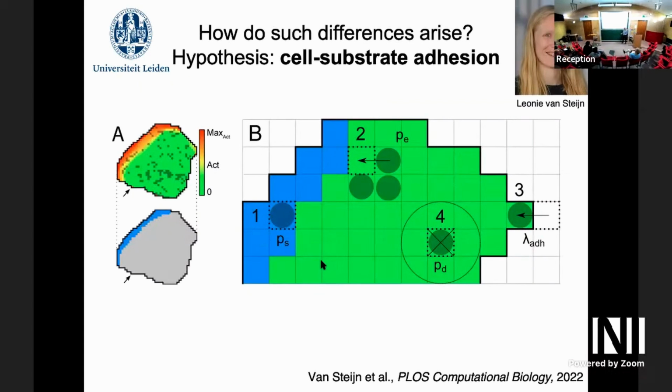So how can differences like this occur in migrating cells? Our hypothesis was that this is due to cell substrate adhesion. So what I'm showing here is a model, an extension of the cell model, called the ACT model. Again, this is a thing I can explain in detail later on.